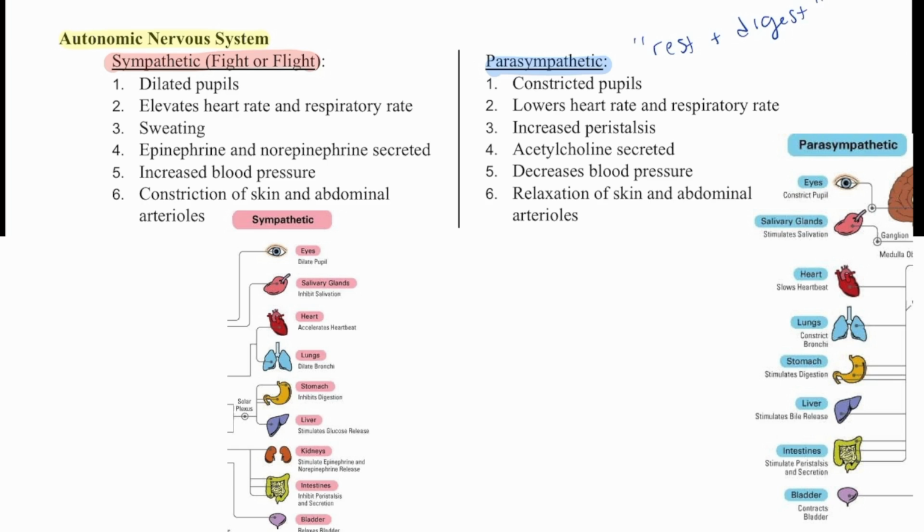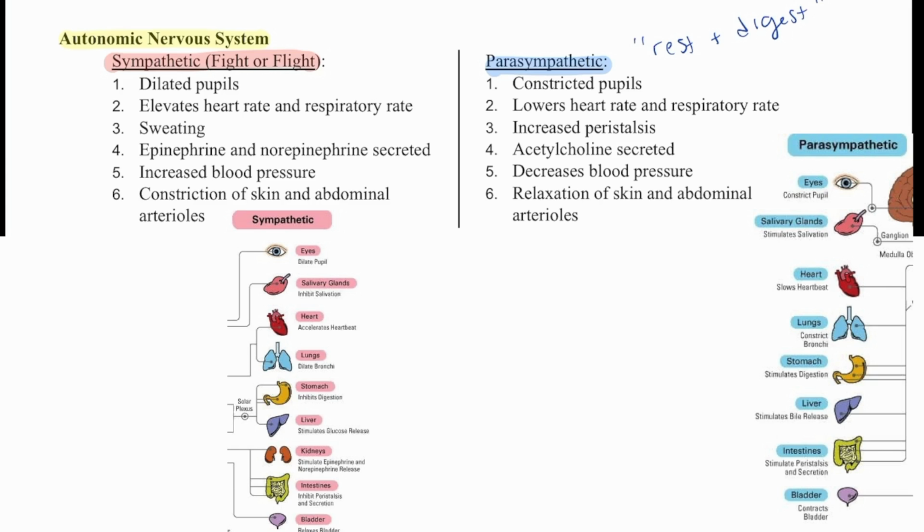When our sympathetic nervous system is stimulated and we're in that fight or flight, we're going to have dilated pupils, increased heart rate and respiratory rate, sweating, epinephrine and norepinephrine is secreted, increased blood pressure, constriction of blood, and abdominal arterioles.